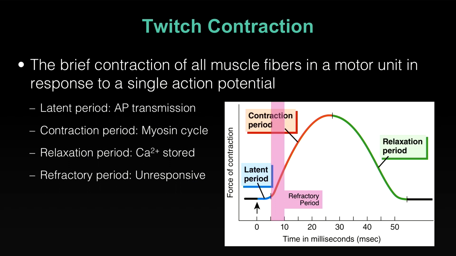Those cells are inactive for a long time. We'll see that next semester, why that's important. In the muscle, very short-lived, very transient refractory period. The muscle's inactivated for 1 millisecond, but it can receive other action potentials anytime after this period is done, which again, you saw in lab.